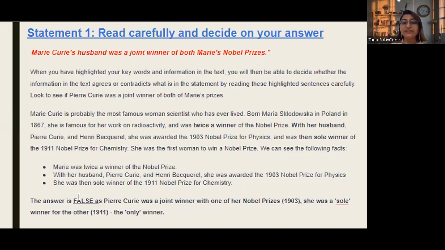Now read carefully and decide on your answer. When you highlight your keywords and information in the text, then you will be able to decide whether the information agrees or contradicts what is in the statement. So you can look to see if Marie Curie was a joint winner or not.